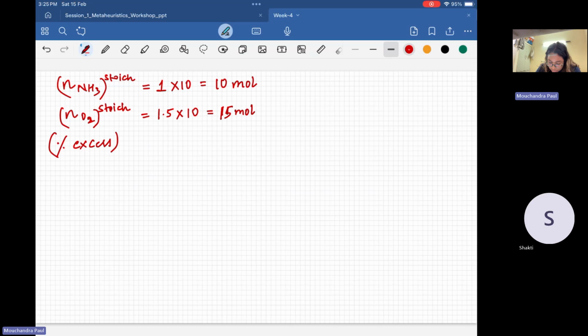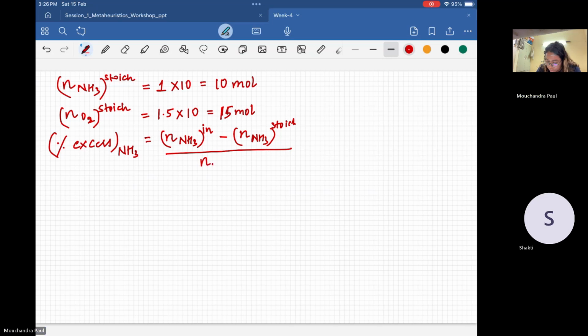Percentage excess for ammonia will be the number of moles in the feed minus the number of moles required as per stoichiometry, divided by the number of moles required as per stoichiometry.